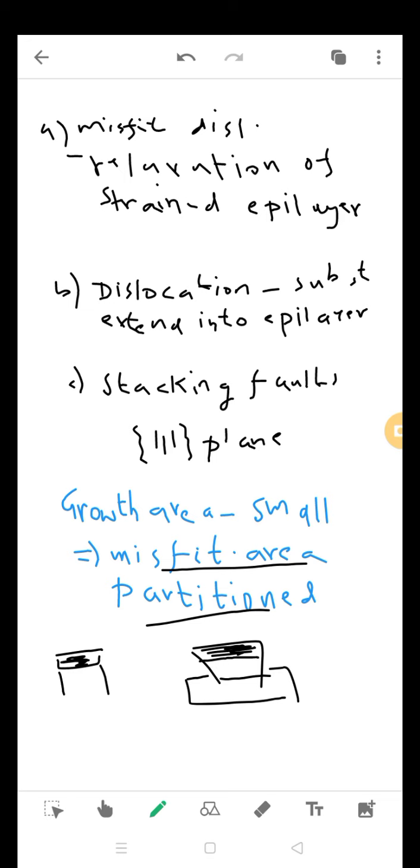Now what happens here is that in this case where this is a nano pattern substrate and this is your epilayer, both the substrate and the film are not subjected to lateral confinement. Both film and substrate have a reduction in area due to patterning, so there is no lateral confinement.